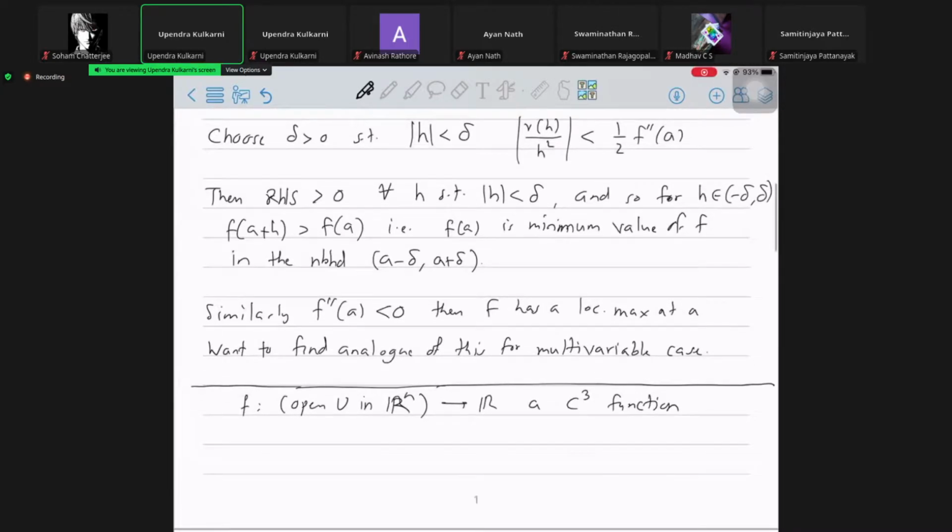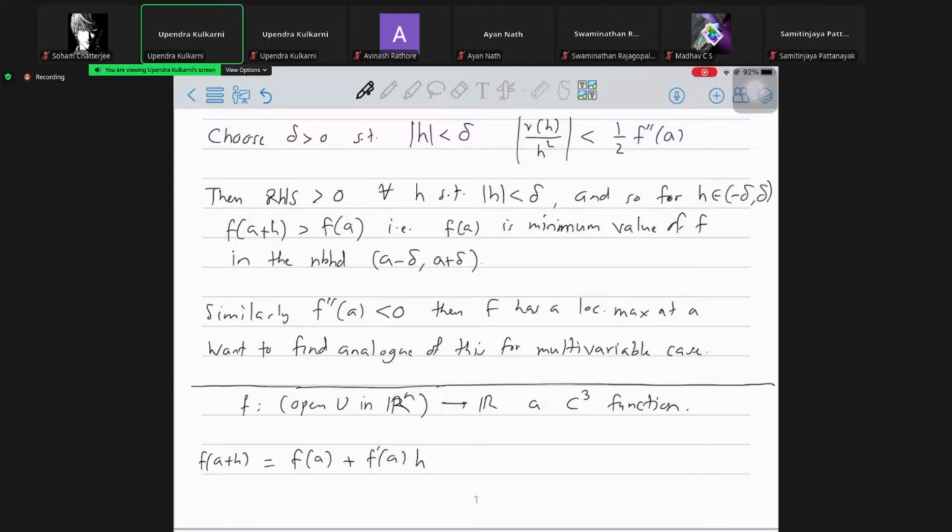So what does Taylor say then? f of a plus h is equal to f of a plus f prime of a times h. Does that term still make sense? Yes, it makes sense. Oh, I should say where h is.